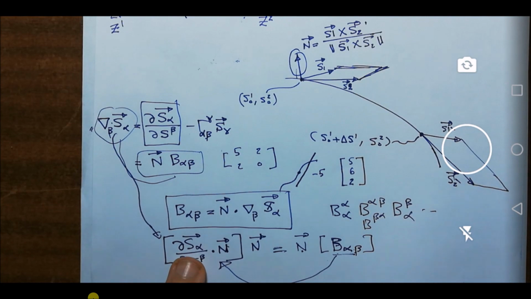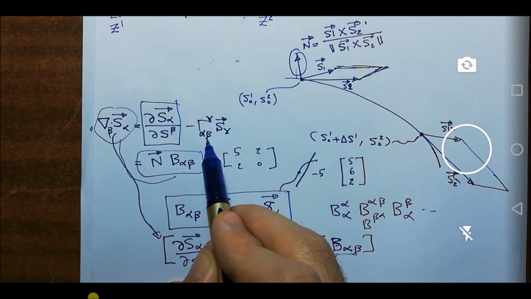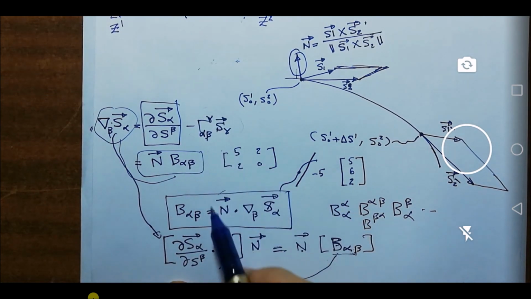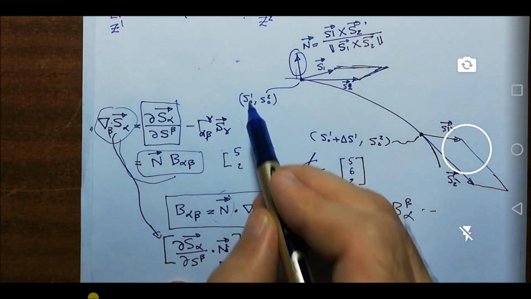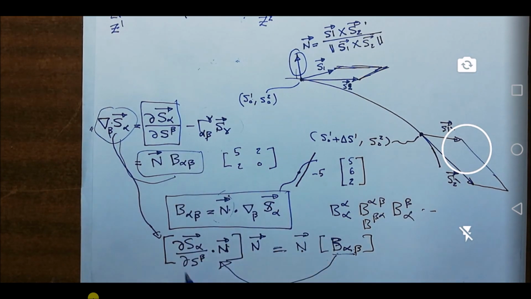And this is not contradicting this definition, okay? In this definition, we are saying that it is actually the normal dotted with the covariant derivative of the covariant basis. But when you remember that the covariant derivative of the covariant basis is composed of 2 terms, one of them is completely orthogonal to this n, so it will produce 0. So it's just about doing a dot product between this one and this one, as we can see here.